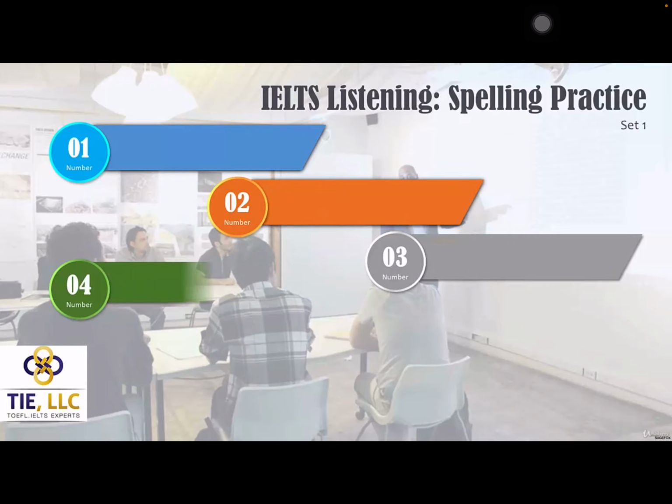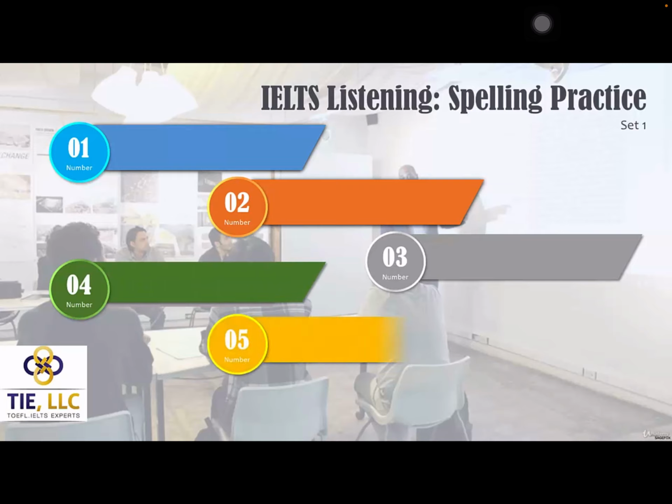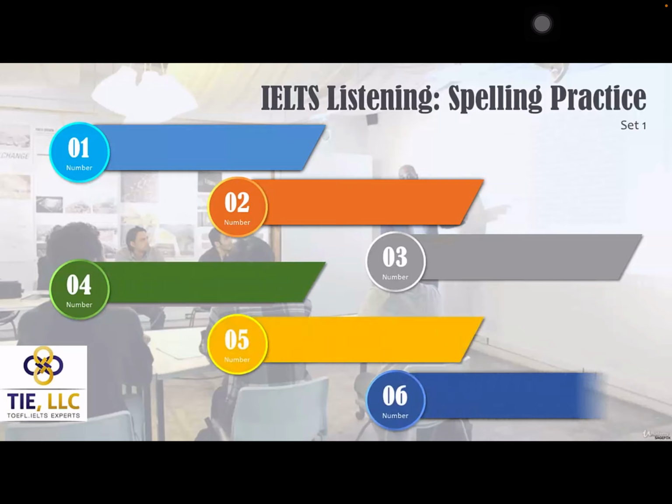Okay, this is IELTS listening, spelling practice, set number one. Number one, could you please give me your phone number? Sure. My number is 219-442-9785.